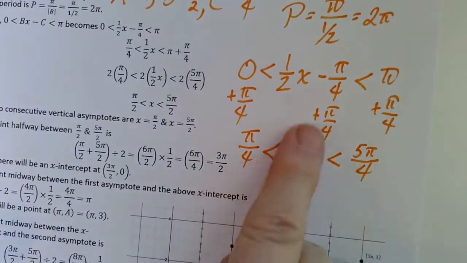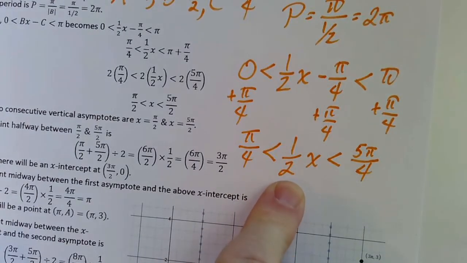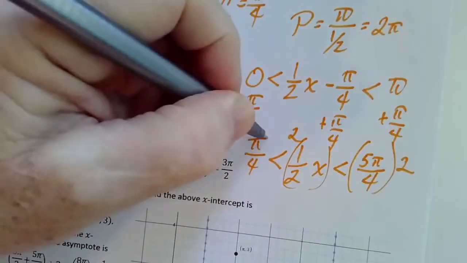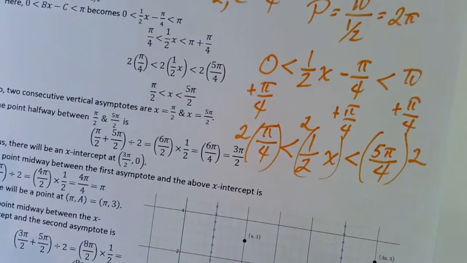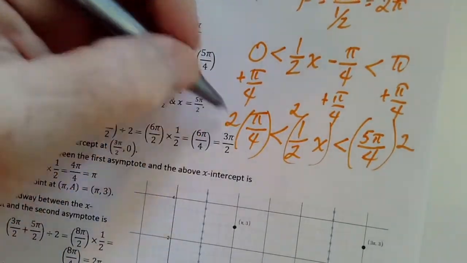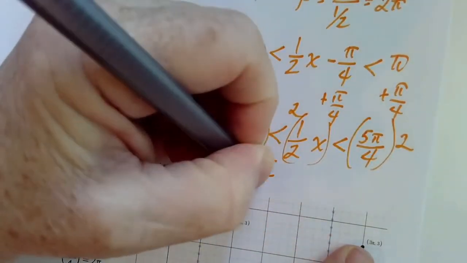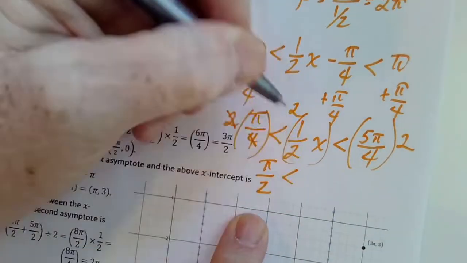And now, what's the opposite of 1/2? Good, 2. So we're going to multiply every term by 2. On the left, we're going to get pi over 2. In the center, we get x.